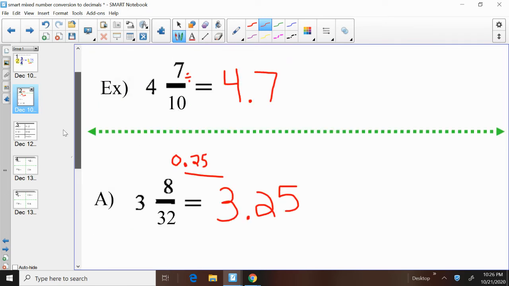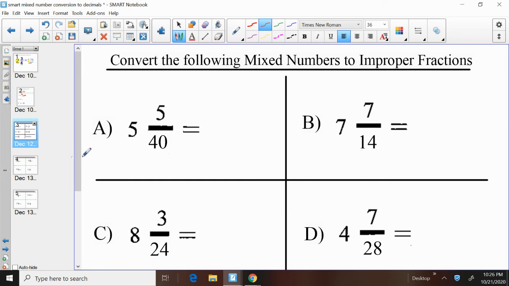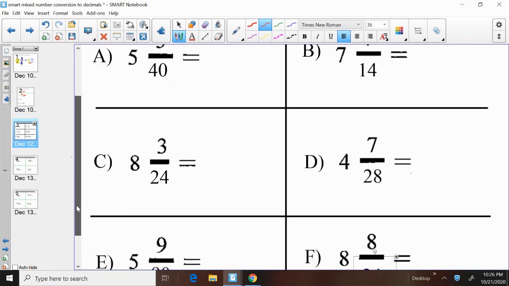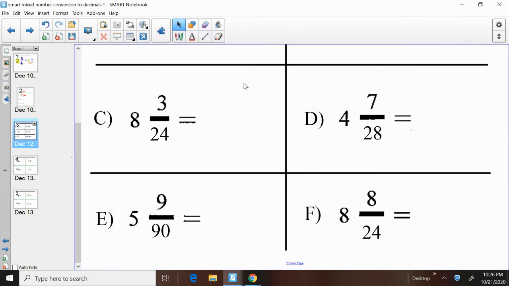All right, so let's try to find one, though, that maybe doesn't work out to be so perfect. Okay, let me see which one I want to try. I want to try this one. 8 8/24. Okay, again, we're going to keep our whole number.